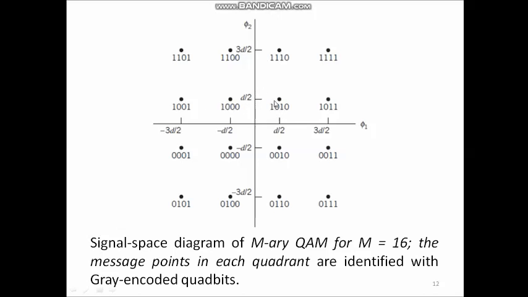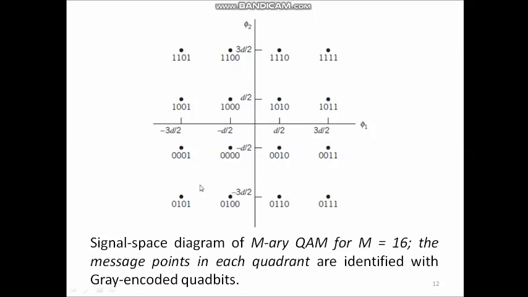So gray encoding rule is used within each quadrant. Also, as we move from one quadrant to the next quadrant, there is only 1 bit position change. Therefore all the code words are encoded using gray encoded quad bits.